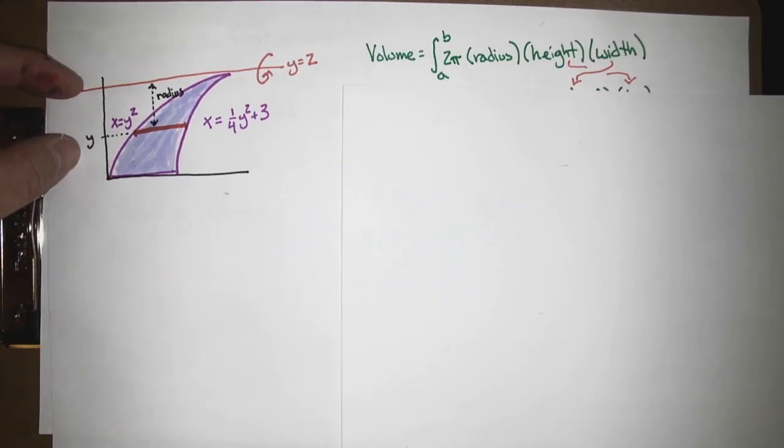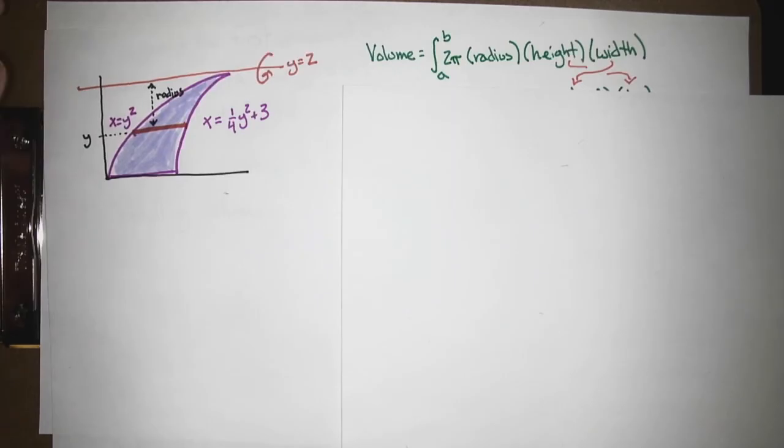It's not y squared. It's not quite y. It's 2 minus y, because you're going around 2. So the question is, how far is 2 from y? Well, it could be 2 minus y or y minus 2, depending upon which side you're on. But we're below the line, so it's 2 minus y.